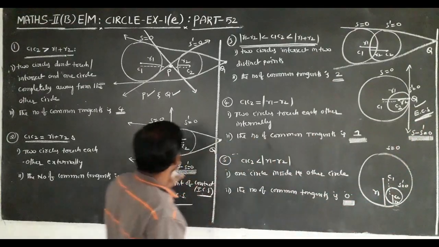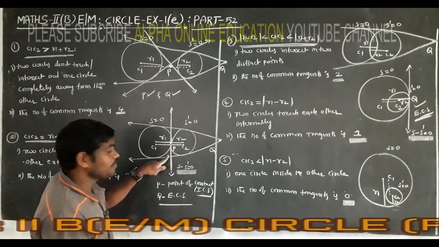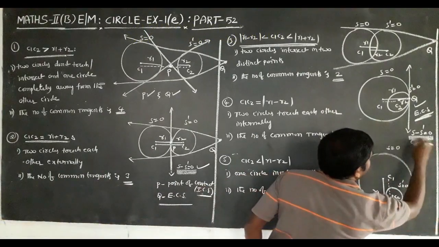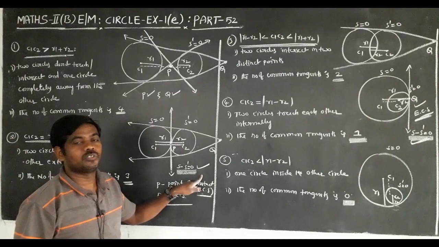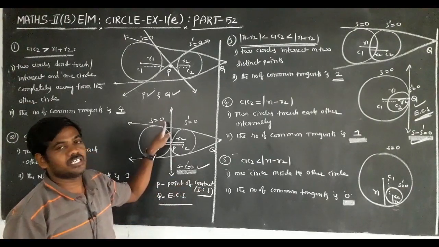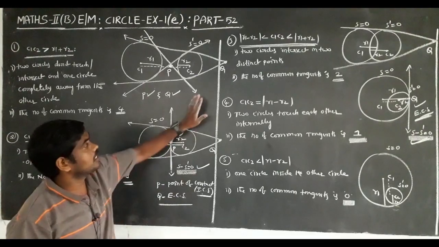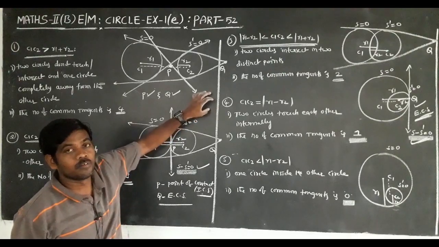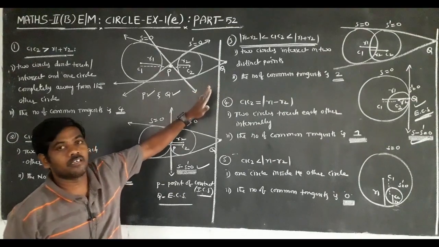In any case, whether two circles touch each other internally or externally, the common tangent equation is S minus S dash equal to 0, the equation of the common tangent to the circles S equal to 0 and S dash equal to 0. This is the most important concept for solving the problems in exercise E, most important concept.